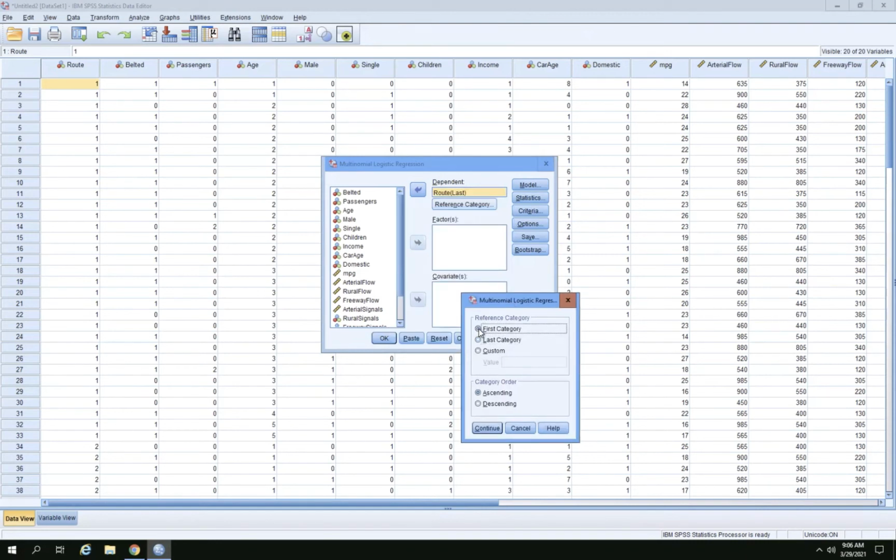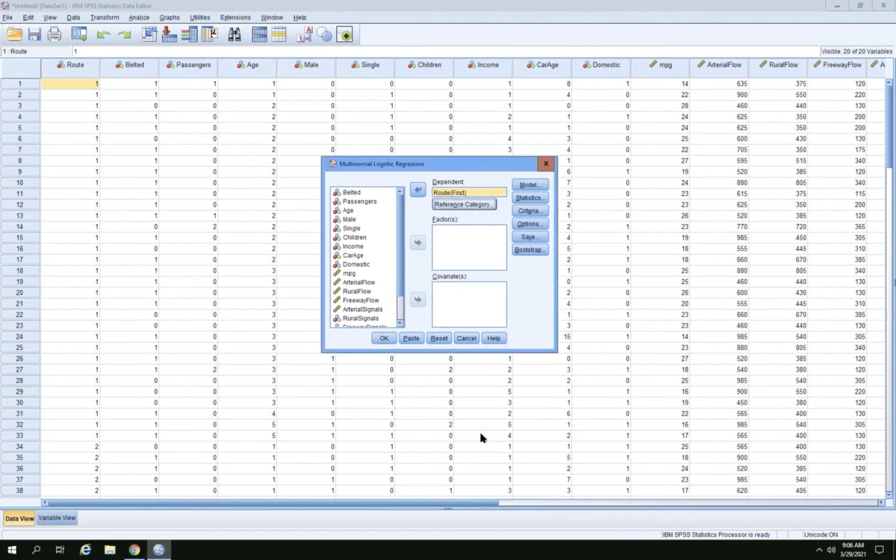I believe by default, it chooses the first category. And it's also going to ask whether those data are in an ascending or descending order. Those are basically arbitrary decisions, particularly in this case where there's not a natural ordering between the arterial, the rural road, and the freeway necessarily. And so I'm just going to leave them as first category, ascending order.